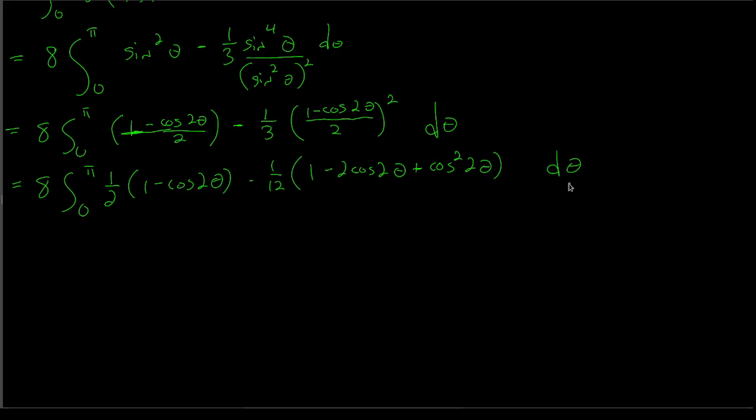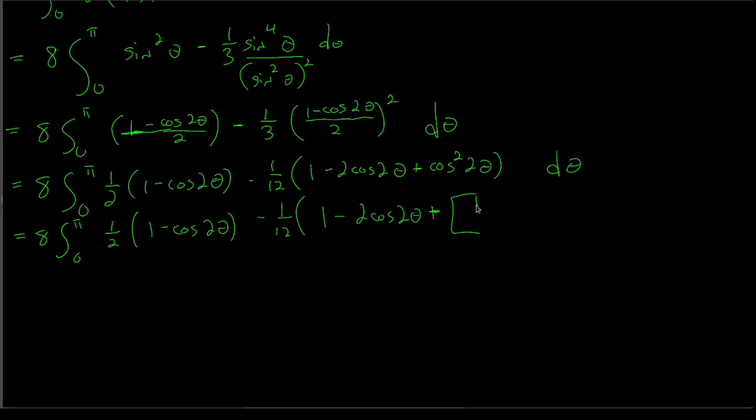Whew, this is expanding out weirdly, but hopefully we'll get to where we need to go. It's going to leave my 8 out front. I'm going to have a 1/2 here, 1 minus cosine 2 theta, minus 1/12, 1 minus 2 cosine 2 theta, and then plus, well, this is (1 plus cosine 4 theta) over 2. And so now I just have cosine thetas and constants.